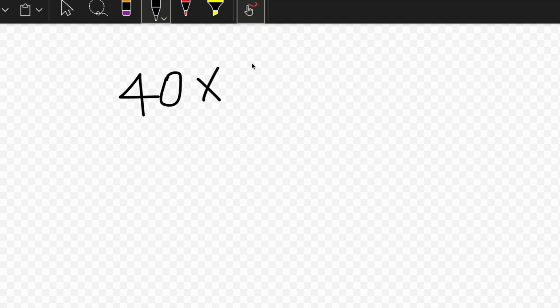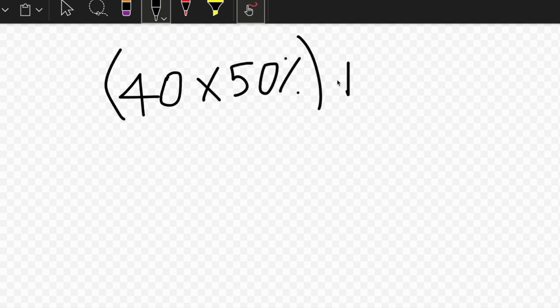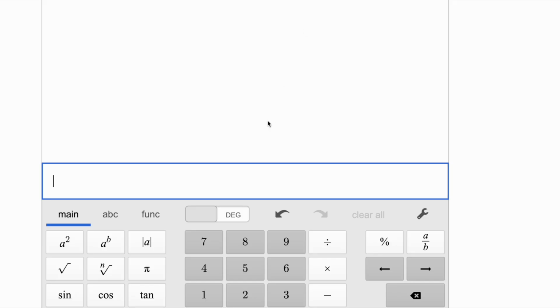Basically what we're doing is 50% of $40 plus $40. So a simple way you can write this in your calculator would be 40 times bracket 1 plus 0.5, and then you get the answer.